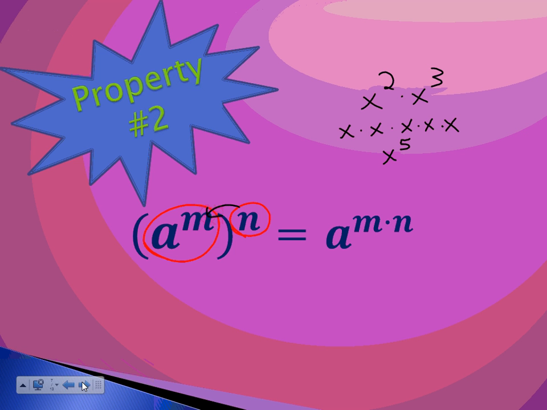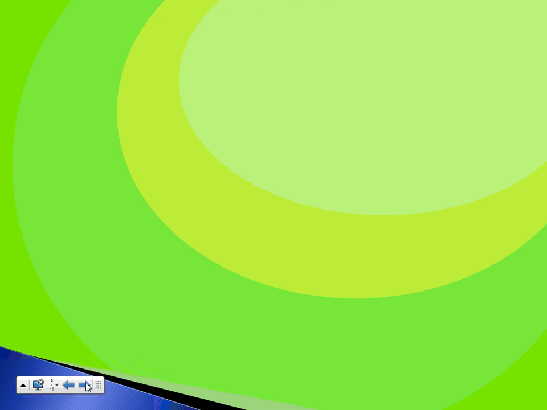Anytime you have a set of parentheses and a number on the outside, I don't care if it's just the normal distributive property or if it's this property, raising a power to a power, you will distribute everything in and you'll multiply. You multiply every time. That's how I remember it. Anytime you have a set of parentheses with a number on the outside, you multiply to the inside. Okay, so let's look at an example.